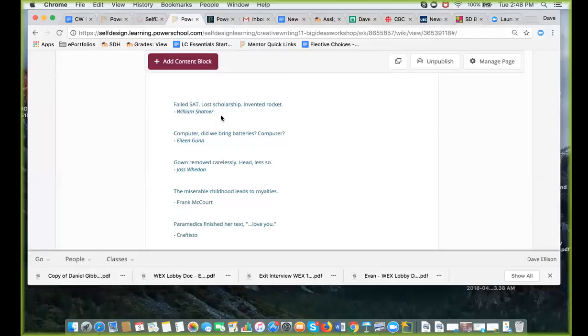For American college applications, there are two things: your GPA, your grade point average, and your SAT score. Different universities have different entrance requirements.